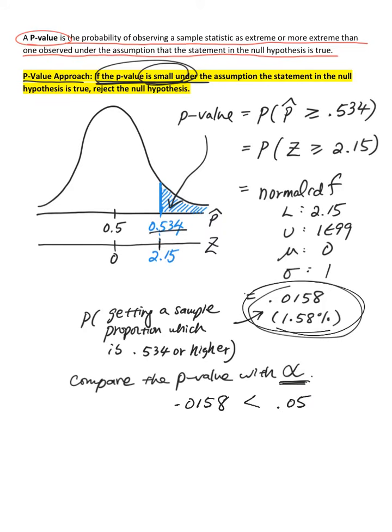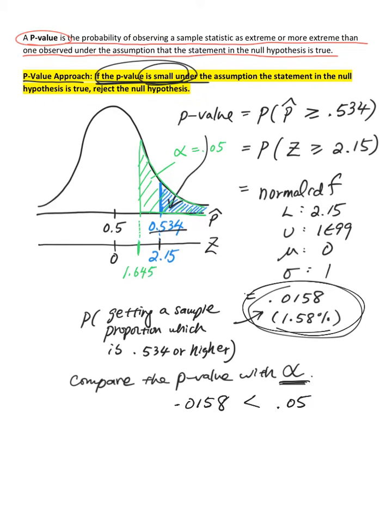By the way, if you want to see alpha visually, 0.05 is somewhere here. This green area is alpha, which is 0.05. And the critical value that corresponds to that alpha is 1.645.